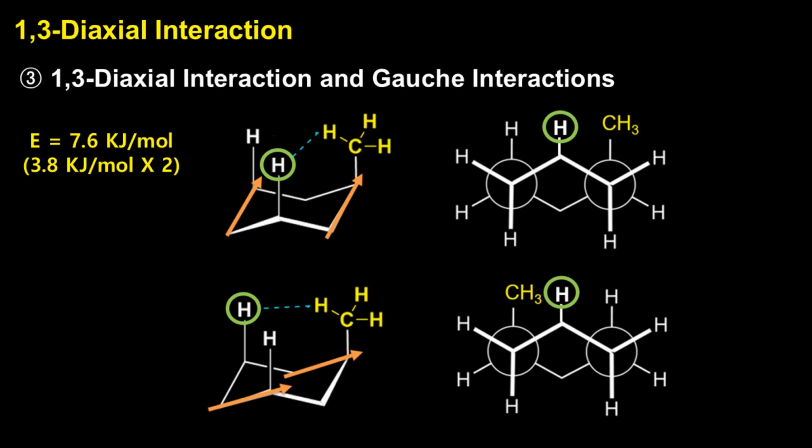In cyclohexane, axial substituents experience 1,3-diaxial interactions with axial hydrogens on carbon 3 and carbon 5, and if you look at it using a Newman projection, those positions line up just like a gauche interaction. So even though one happens in a ring and the other in a chain, they come from the same kind of steric clash, which is why they carry the same energy penalty, about 3.8 kilojoules per mole each.